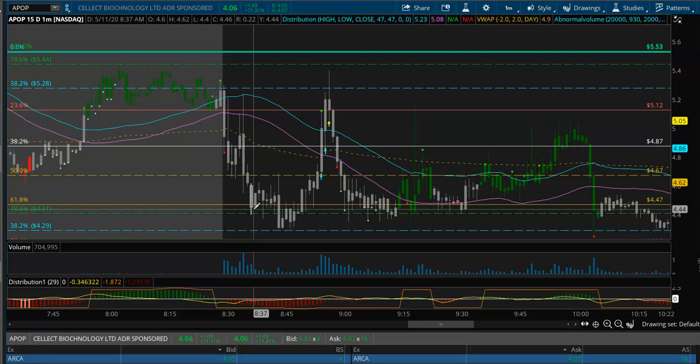Now remember, there must be an exchange. If they're looking to dump, they have to have liquidity. They have to meet a certain threshold for what they're looking to accomplish. You cannot get around that. There must be liquidity.